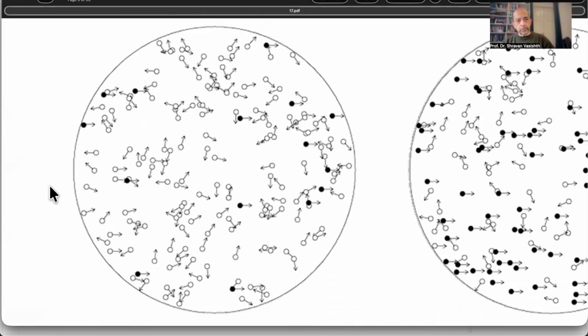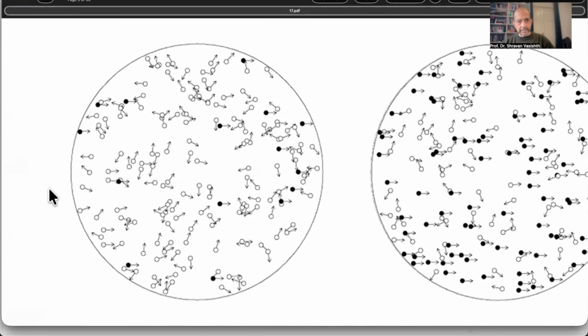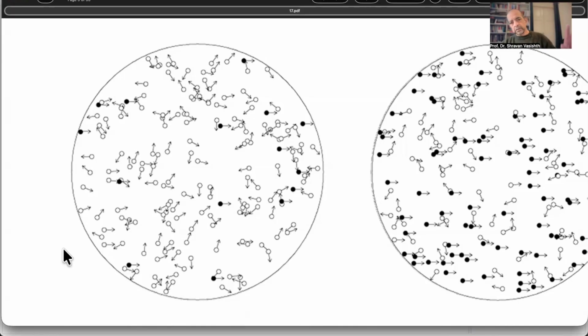So there are some dots, and the dots are moving. Most of the dots are moving in a random direction, and there is one dot that is moving in a particular direction. It's not moving randomly, right? So you can imagine some Brownian motion where things are moving in all kinds of directions. These black dots, of course, are not marked in the experiment as such, but some dots are moving in only one direction.